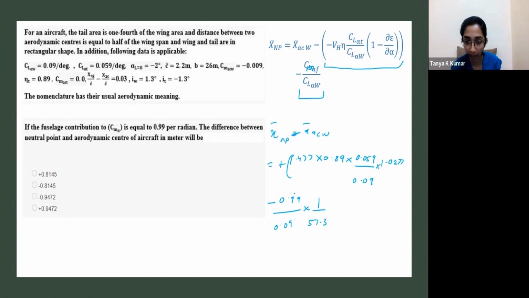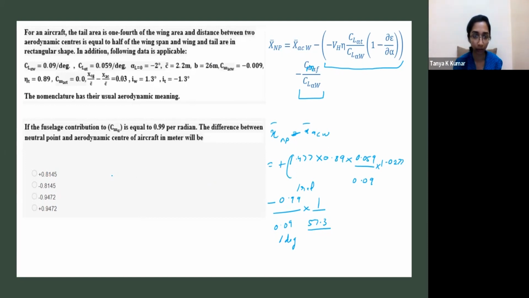Okay, so this 0.99 is in per radians, and this is in per degrees. So we multiply the denominator with 57.3 to convert it into per radians. Is this clear? Can someone just confirm if it's clear or if anyone has any doubt in this? Is it clear? Okay, so I'm going to assume it's clear. Okay, thank you.